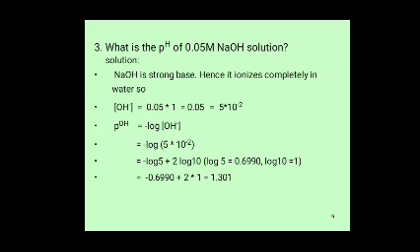So the given solution produces OH minus ions, and the OH minus ion concentration is 5 into 10 to the power of minus 2.